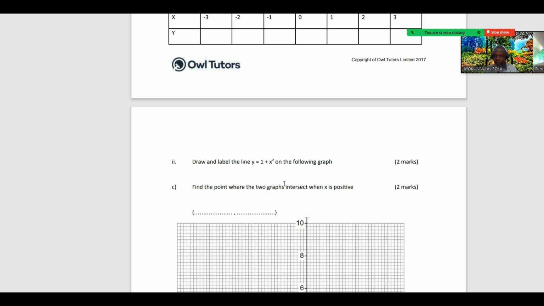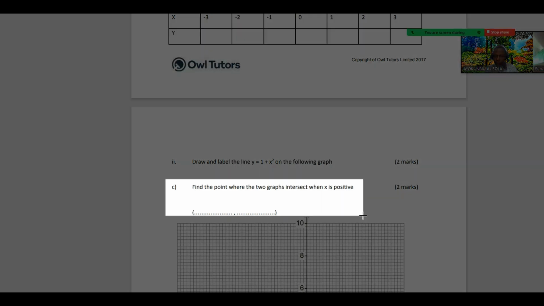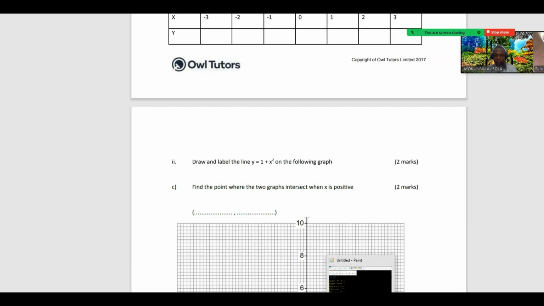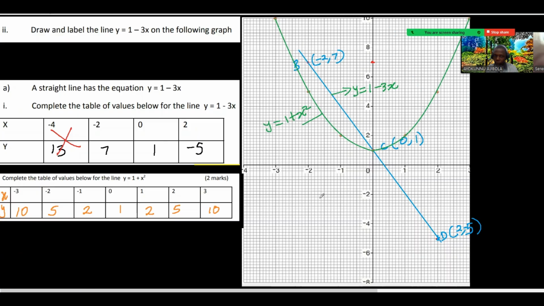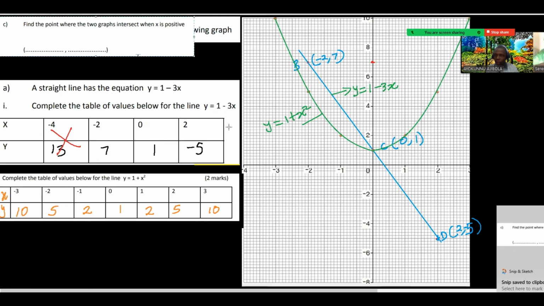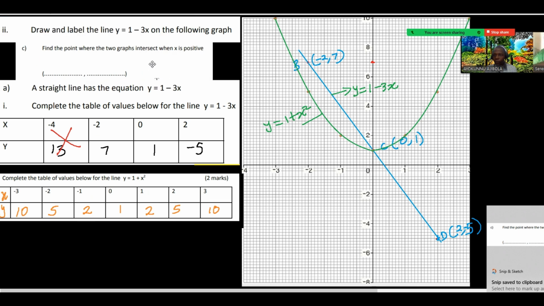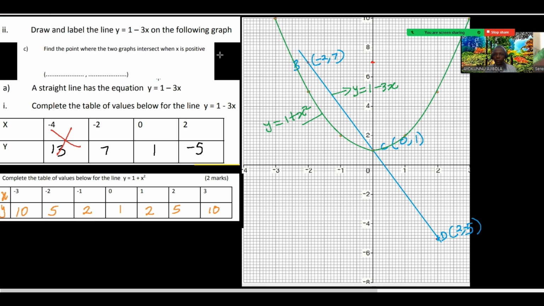Find the point of intersection between the two graphs. Yeah, this is it here. So find the point of intersection between the two graphs.